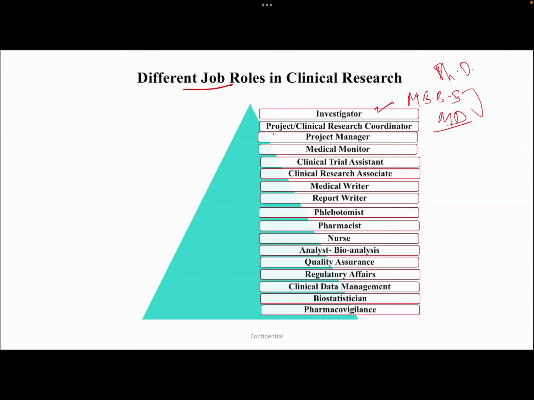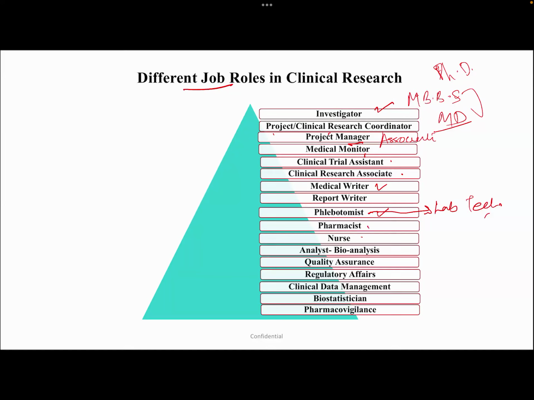Project coordinator or clinical research coordinator, project manager. If it is beginner level, associate, medical monitor, even a pharmacy student can be a medical monitor, clinical trial assistant, clinical research associate, medical writer, phlebotomist. This is maybe more a role of a lab technician because you should have the skill to take blood.